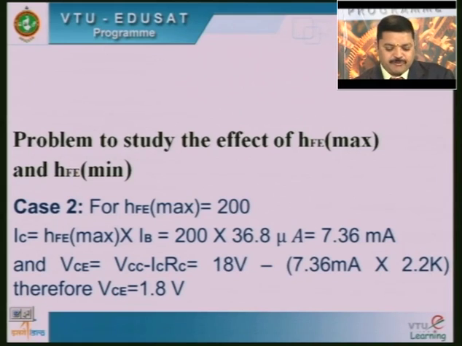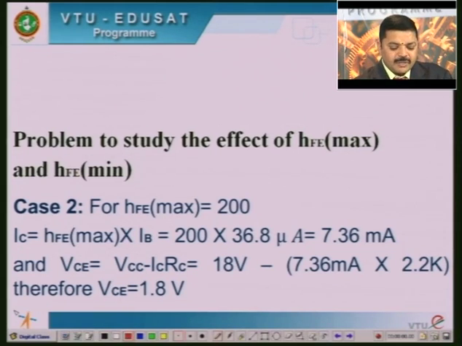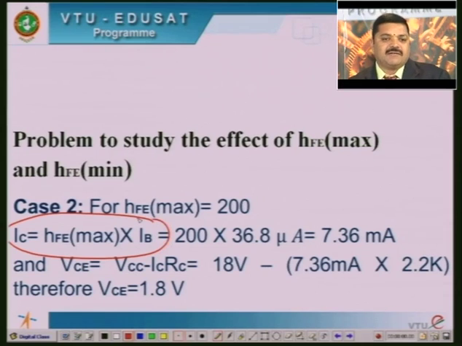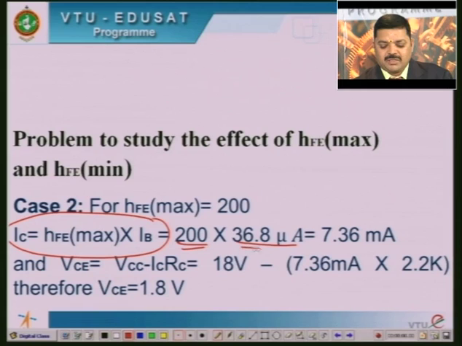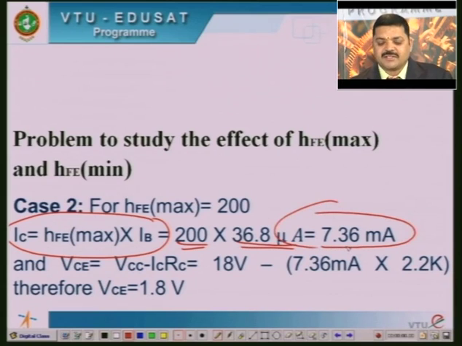So, for case 2, HFE max equal to 200, what is the value of IC? IC is given by HFE max into IB. HFE max is 200 and IB we found already, 36.8 microamps. Therefore, the value of IC will be 7.36 milliamps in this particular case.